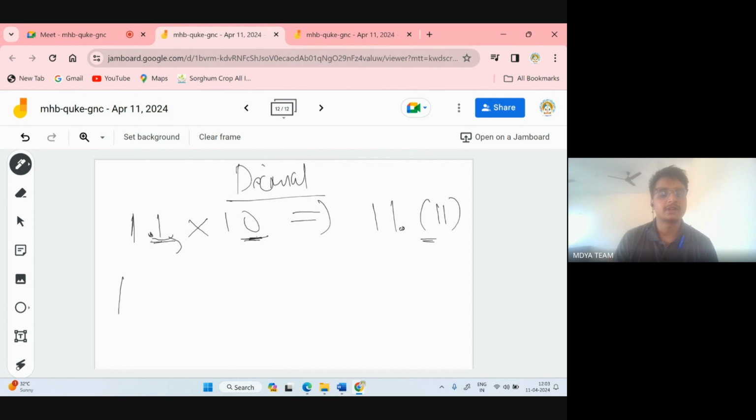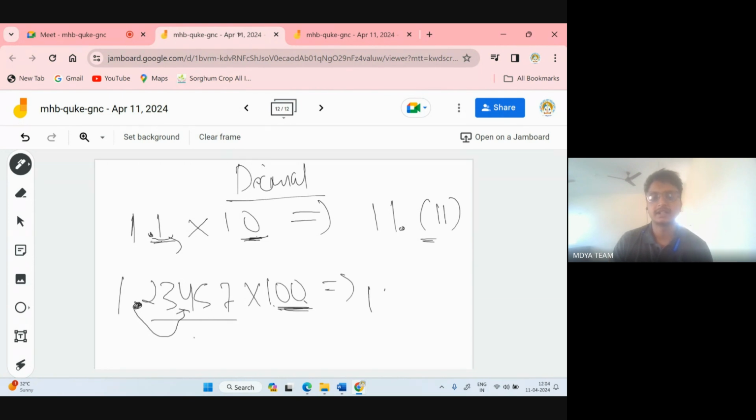A number is there, 1.23457. So after the decimal, these many digits are there. If you are multiplying it by 100, so 2 zeros are there in 100. So the decimal will move towards the right side, crossing 2 digits. So it will be 123.457.